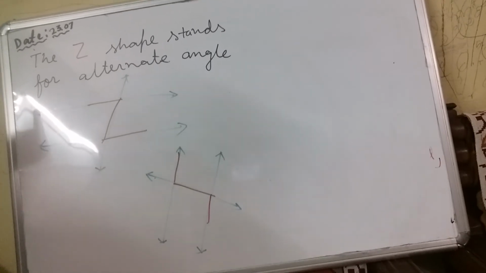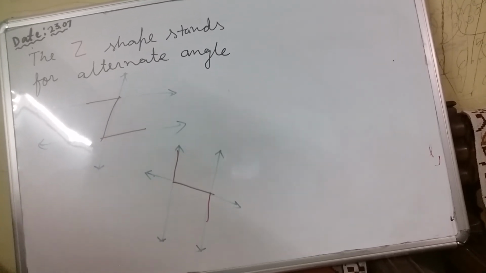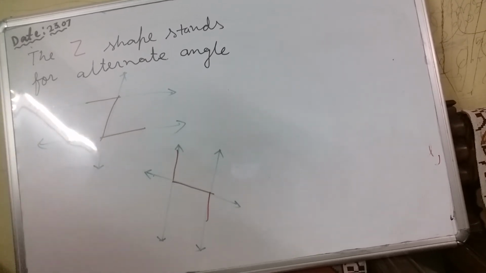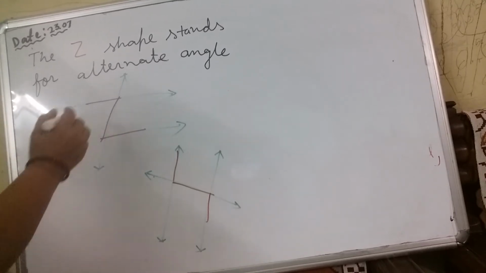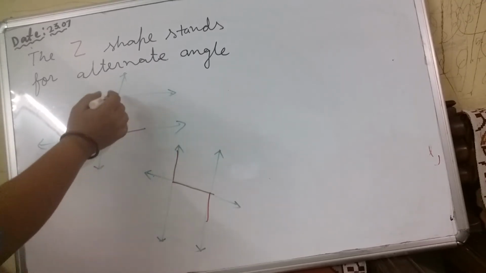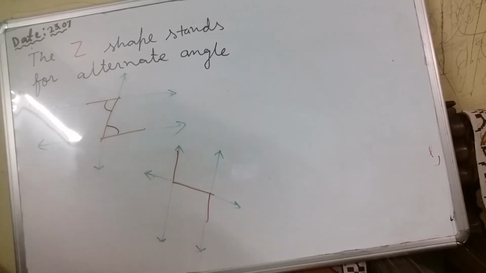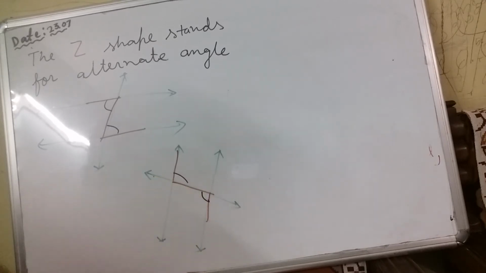An easy way to identify alternate angles is whenever they form a Z-like shape. Here you can say this looks like Z, and this angle and this angle are alternate angles.